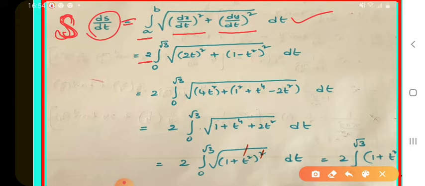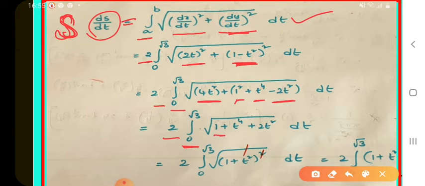So 2 times the integral from 0 to root 3. What is the value of dx by dt? 2t whole square plus dy by dt value, 1 minus t square whole square. 2t whole square means 4t square, plus 1 minus t square whole square. Using the a minus b whole square formula, a square means 1 square, b square means t square whole square, t power 4, minus 2ab, that is 2 times 1 times t square, 2t square. Next, 2 integral 0 to root 3.